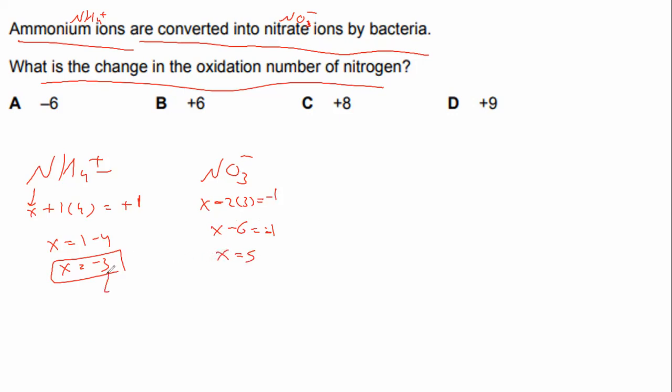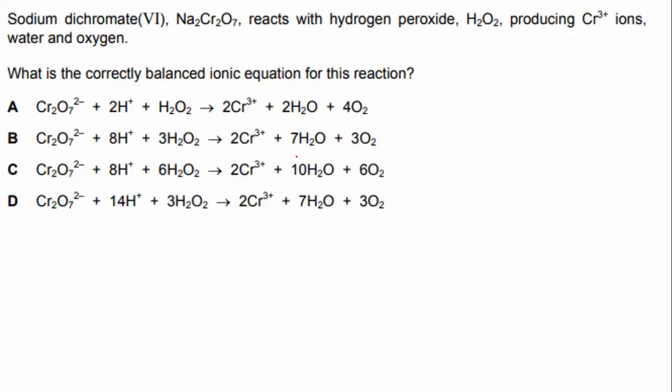The change in oxidation number is from -3 to 5. So here we have a +8 oxidation number. The change in oxidation number is +8. Moving to the next question.